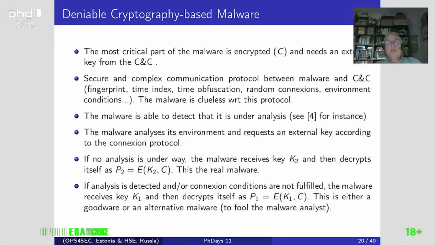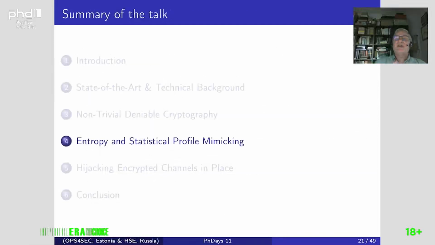And of course, everything has been implemented in such a way that the malware itself is clueless with respect to the most important protocol parameters. So now that we have a malware which is able to enforce this attack without being detected and analyzed, let us see how to enforce our techniques.